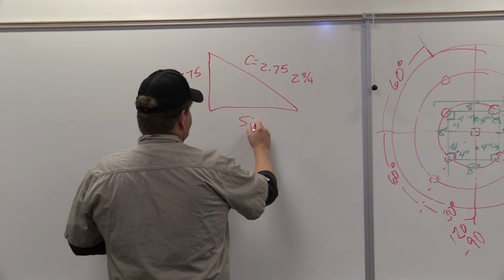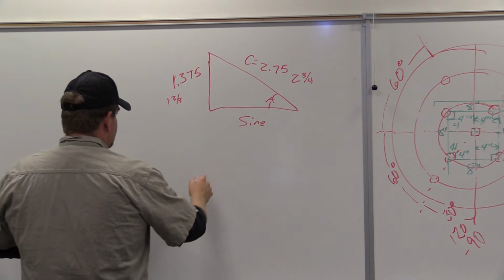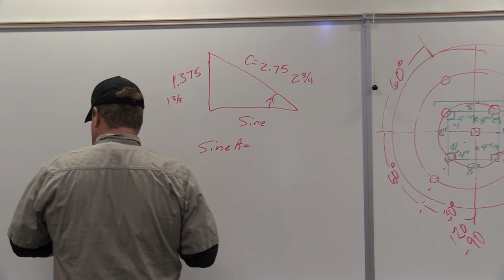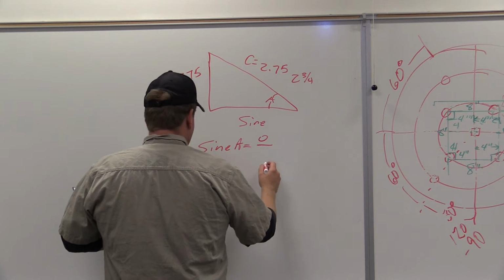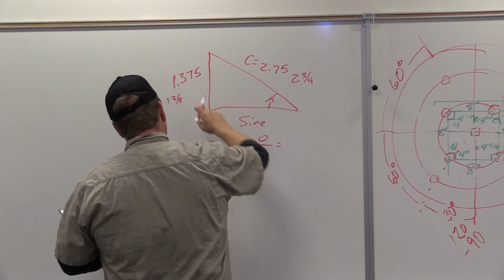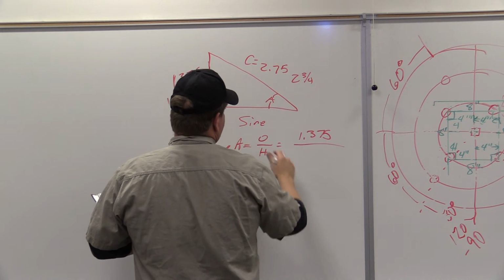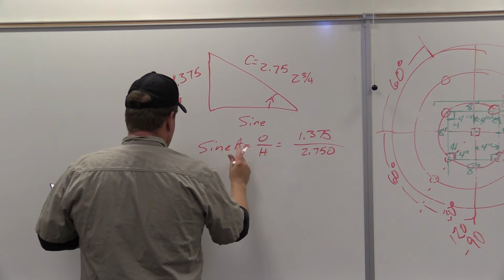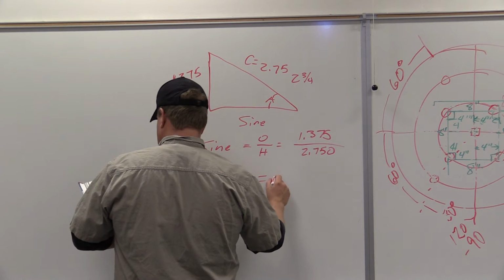What we're looking for is the sine of A. So opposite A, hypotenuse, .5.